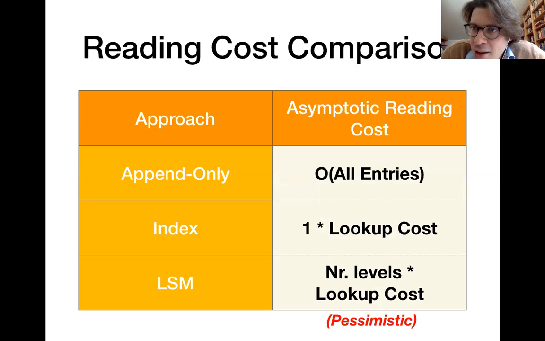Pessimistically, I could assume that I might actually have to check every level, which is not realistic, but to be very pessimistic, we can assume it. So we multiply by the number of levels, and then we would have one lookup at each of those levels. But altogether, this data structure realizes a pretty good compromise between insertion and reading performance.